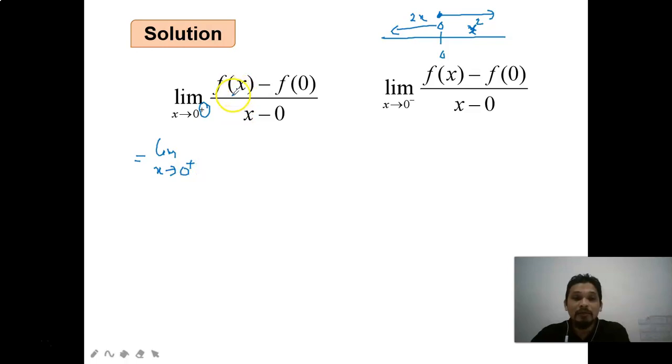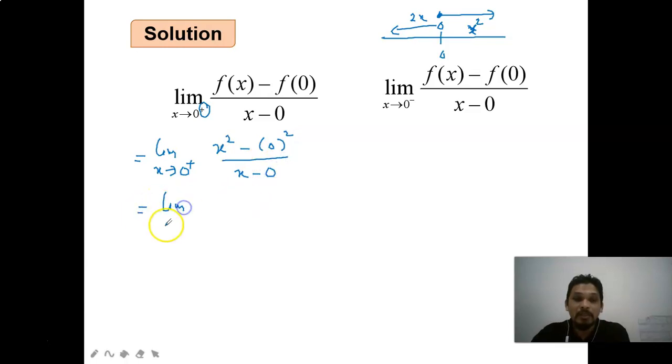The function of f x from right is x squared, minus f 0, when x equal to 0, so 0 squared, divided by x minus 0.